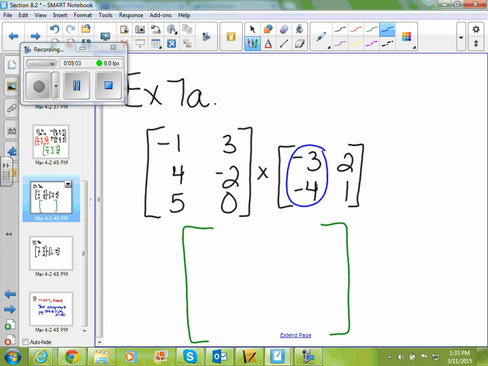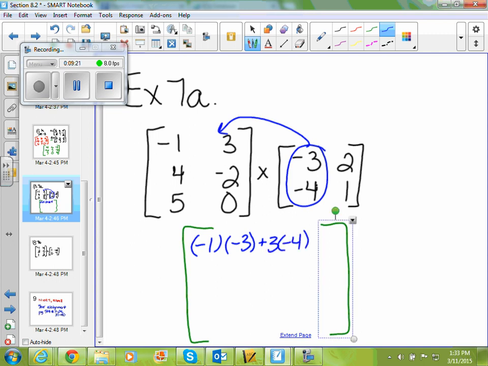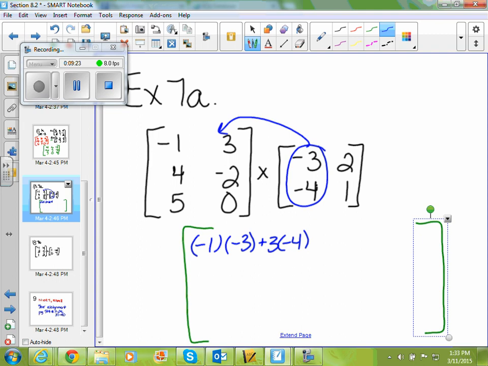So I have to take this column and multiply it by this row. It's like I'm taking this and twisting it. So I'm going to take negative 1 times the negative 3, and the 3 times the negative 4. And then you add those numbers together.